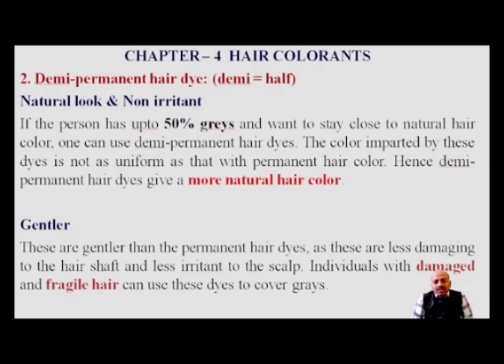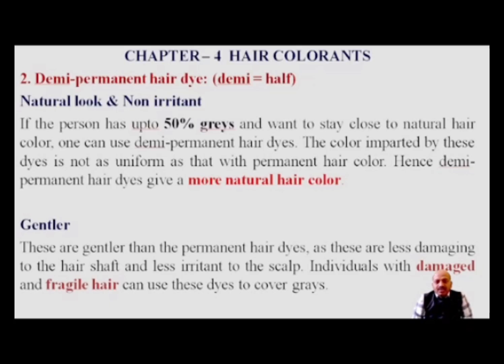With this type of demi-permanent hair dye we can get a natural look, and it is also non-irritant. Natural look means that when the color is light brown, it becomes a little bit darker, so it naturally looks the same.